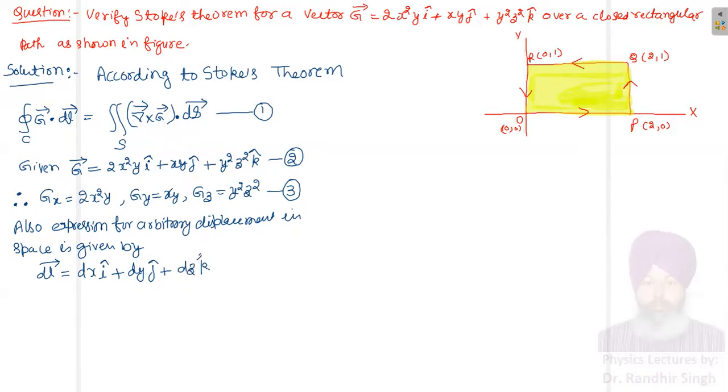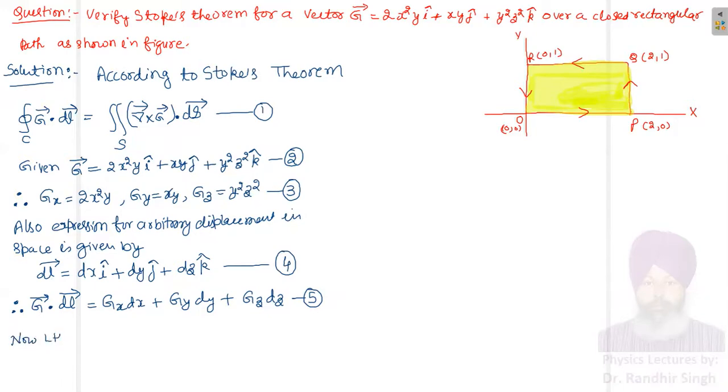This is a trivial result which we should remember. This is how displacement is written in space, and there should be no doubt about this. Therefore, by the standard dot product result, g vector dot dl vector is equal to gx dx plus gy dy plus gz dz. So we want to verify Stokes theorem.